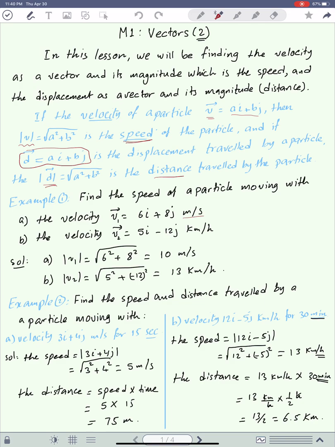So we only find the magnitude. The speed of the particle v1 is the square root of 6 squared plus 8 squared. Using the calculator you find it's 10 meter per second. So this is the speed of v1.